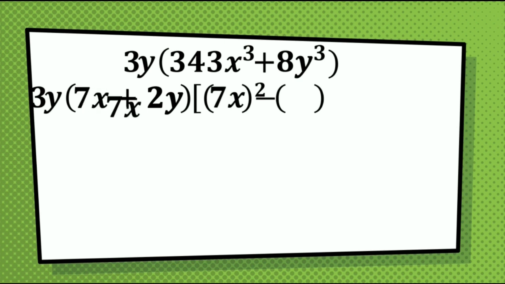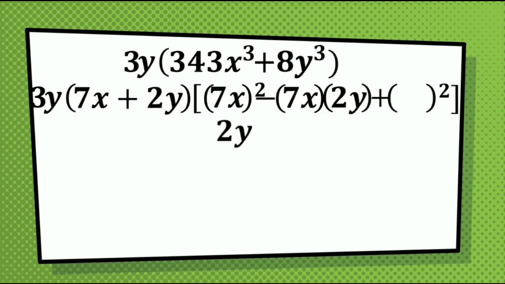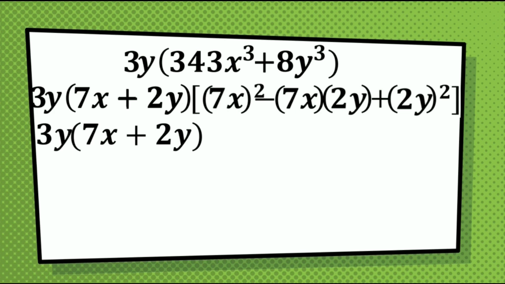We have 7x and 2y. And then square the last term of the binomial factor. We have 2y. Copy the GCF and the binomial factor, then simplify the terms in our trinomial factor.